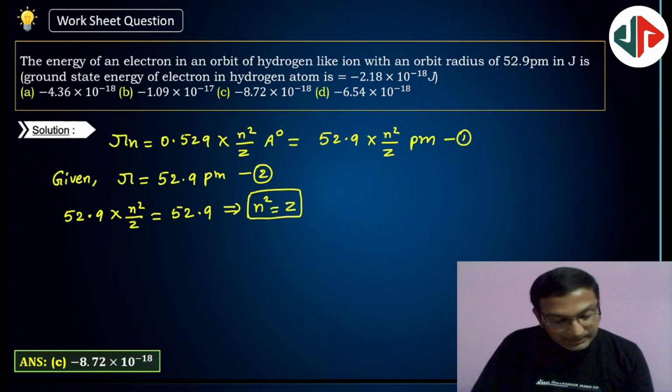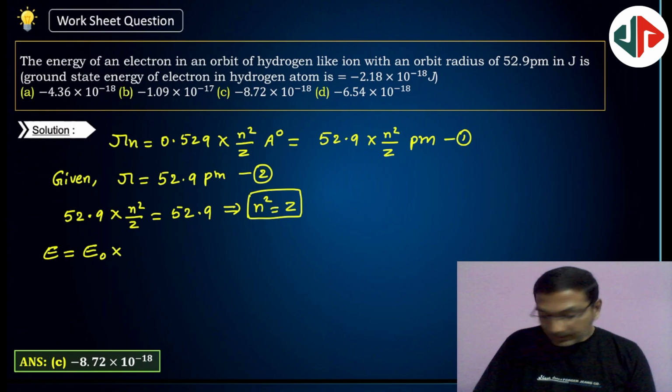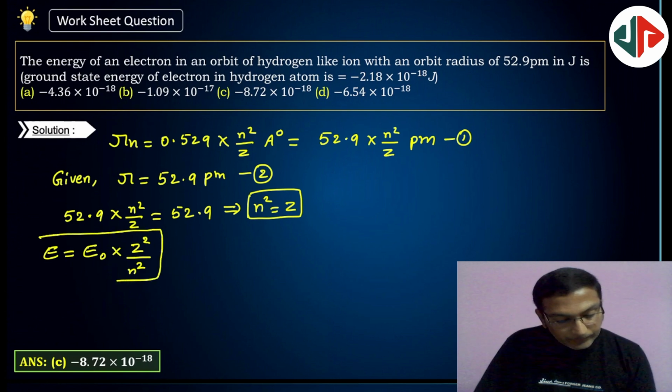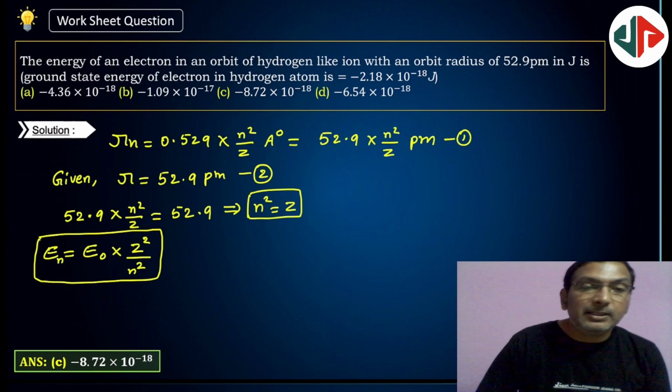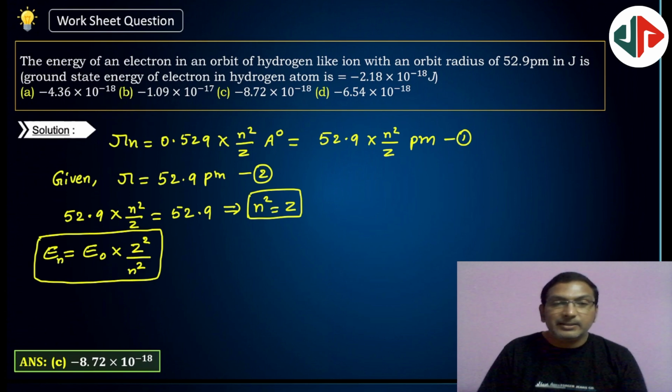Next, what is the energy expression? Energy of nth orbit equal to energy of ground state into Z square by n square. Remember this relation. Energy of nth orbit equal to energy of first orbit into Z square by n square. Z is atomic number, n is orbit number.